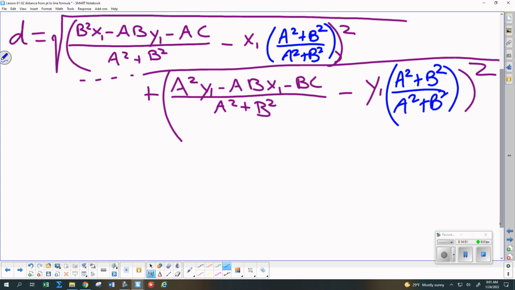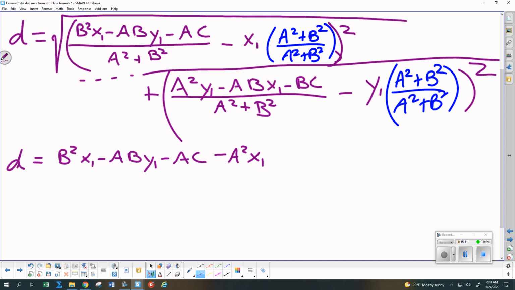Okay, that means if I distribute that x1 first, that means that I am looking at b squared x1 minus ab y1 minus ac minus a squared x1.